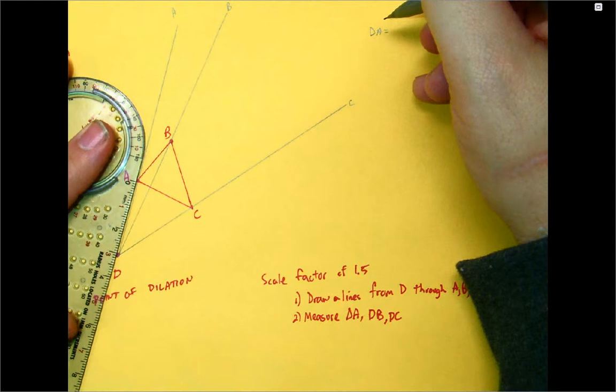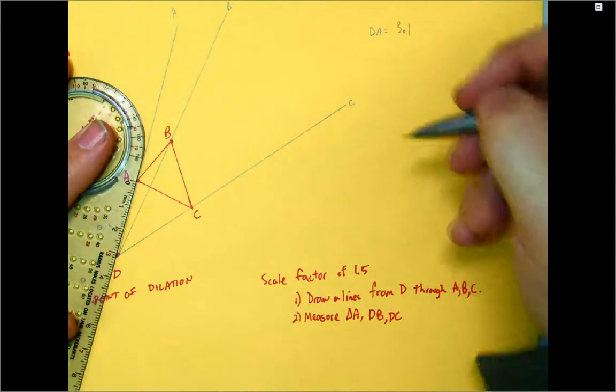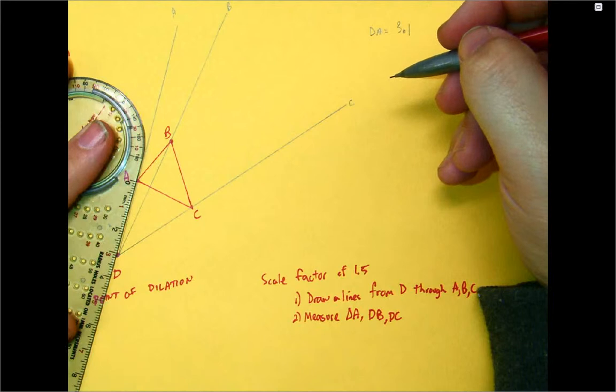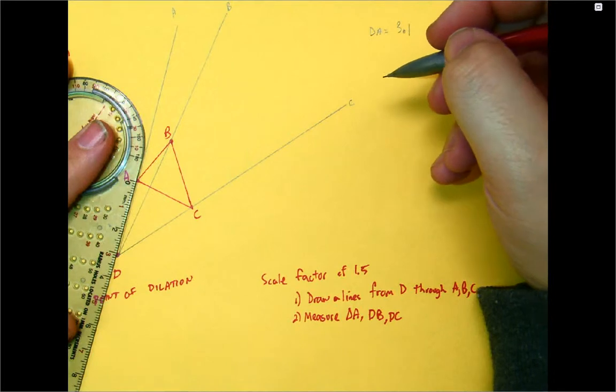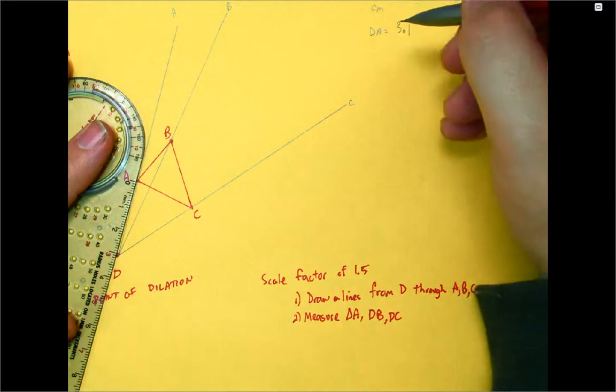DA looks to be 3.1. And I'm going with centimeters here. So I'm using centimeters just because it's a little bit easier to deal with.